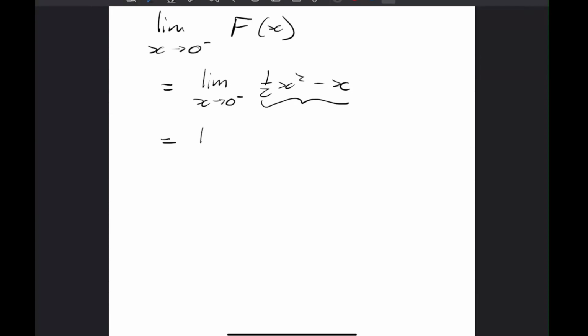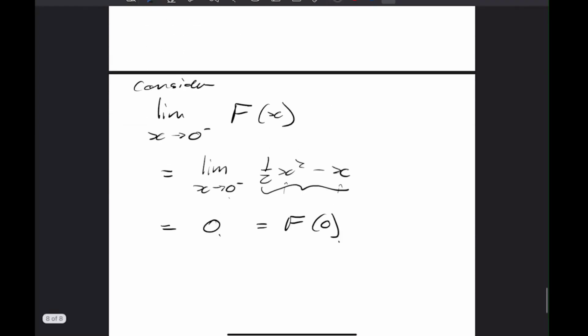Polynomials are continuous, so this is just substituting 0 into x there. So that is equal to 0, which is equal to the function value of big F at 0.